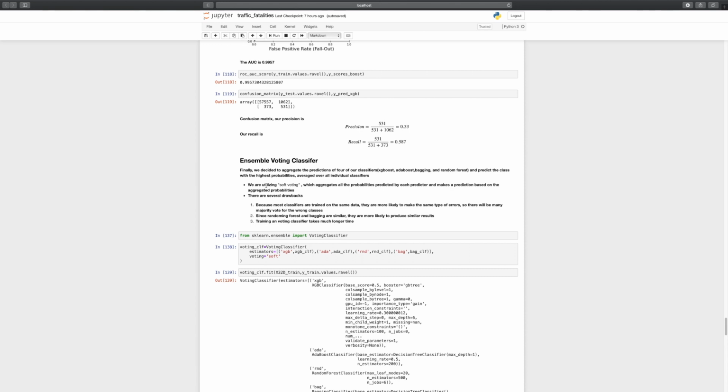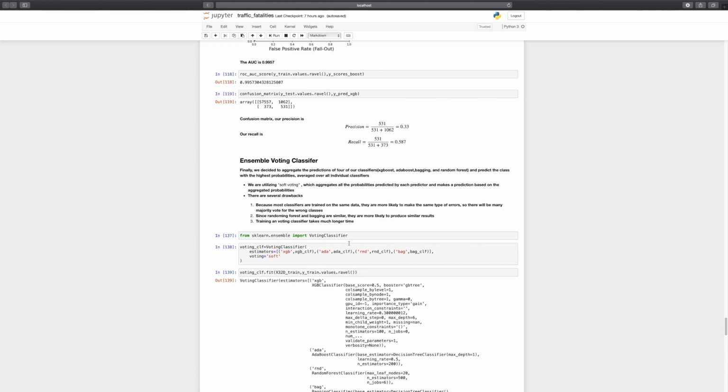But there are several drawbacks of a voting classifier. First of all, because we're using all of these algorithms, the training time and the complexity will be really high. That's why it will take a long time to train our voting classifier. And also, the voting classifier generally performs better if all of the algorithms that we use are different from each other. But in this case, the algorithms are pretty similar.